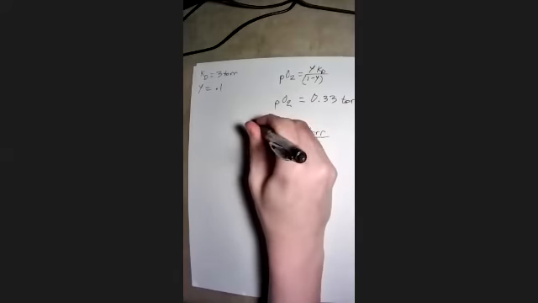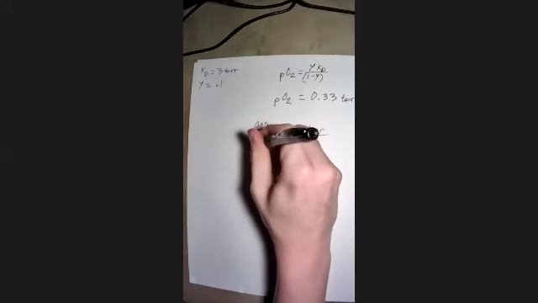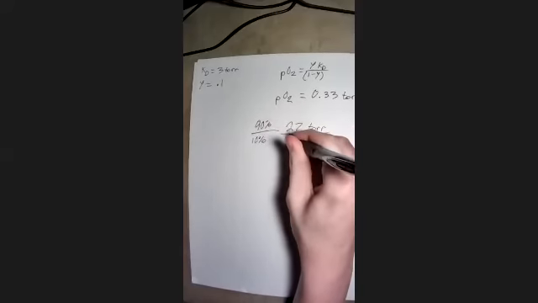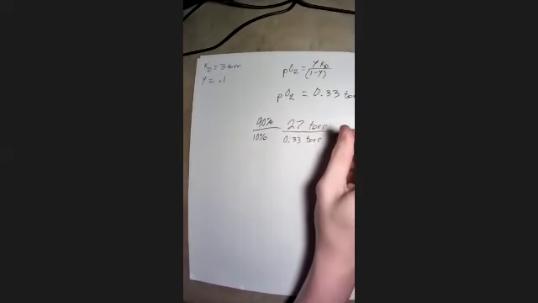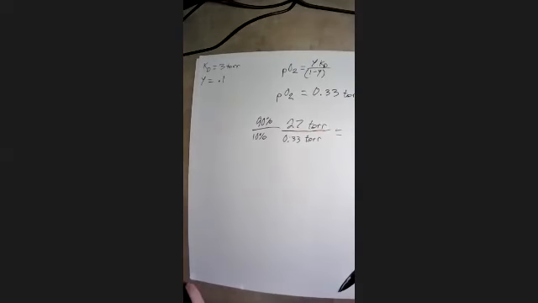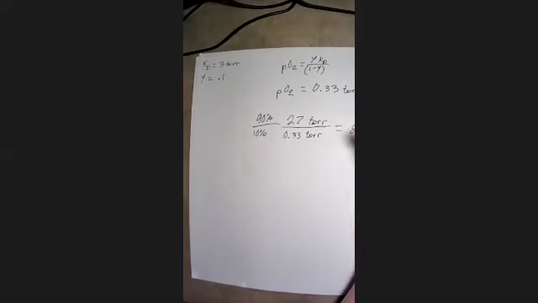At 10% it's 0.33 torr. So that is 27 torr over 0.33 torr, which comes out to about 81.8. I don't know why he asked you for that. I imagine it probably has some use later on, but we haven't gotten there yet.